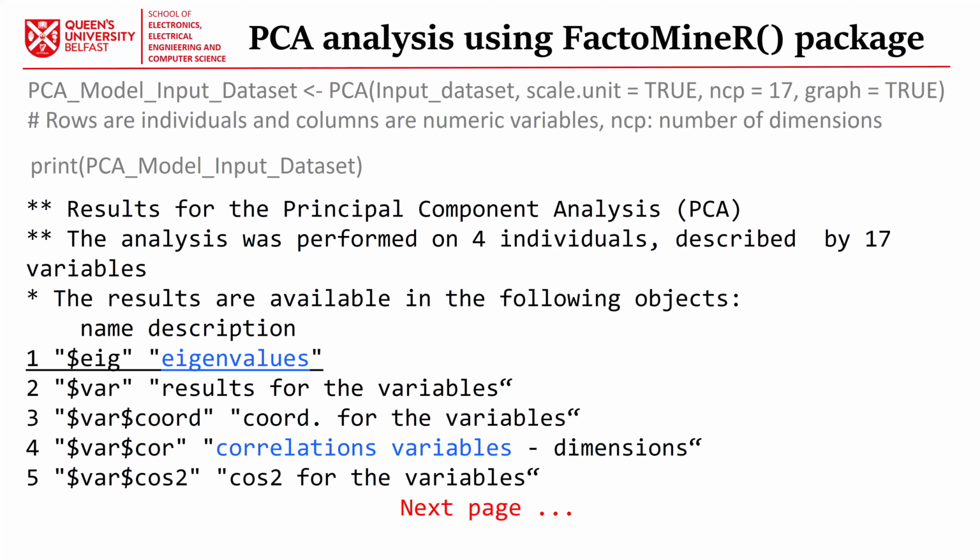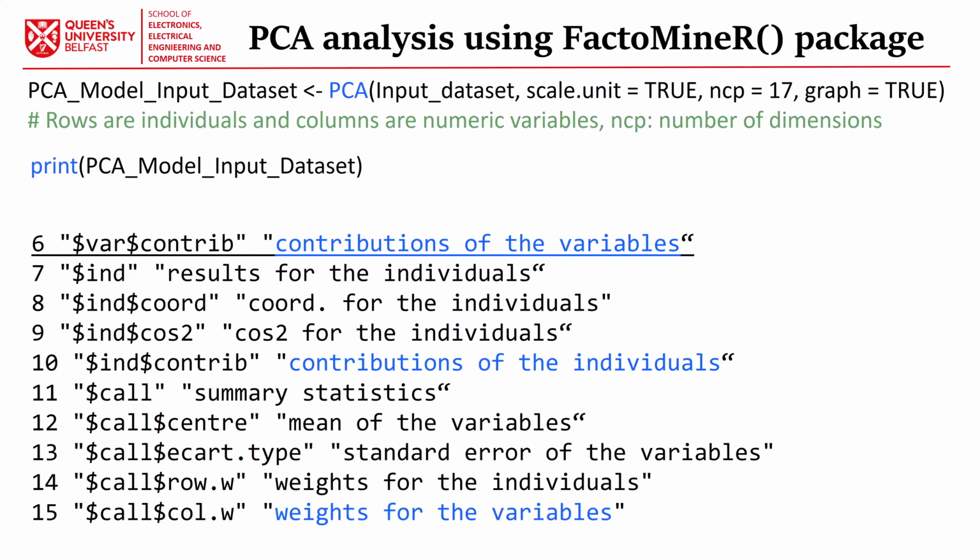So by using the object PCA model from the input data set, and then using $eigen, you can access the numeric values of eigenvalues. You can see the correlation between the features that you have using $var$cor. You can also have the level of contribution of each variable or contribution of each individual or sample.